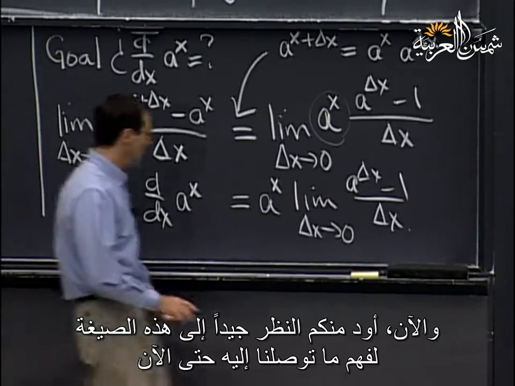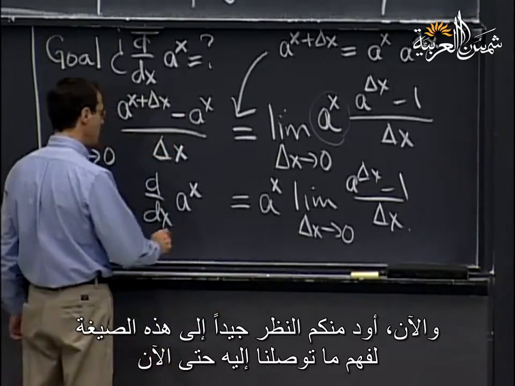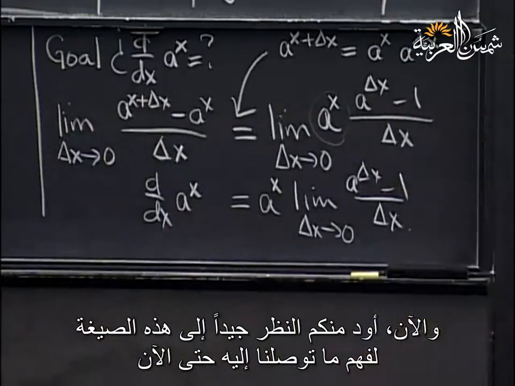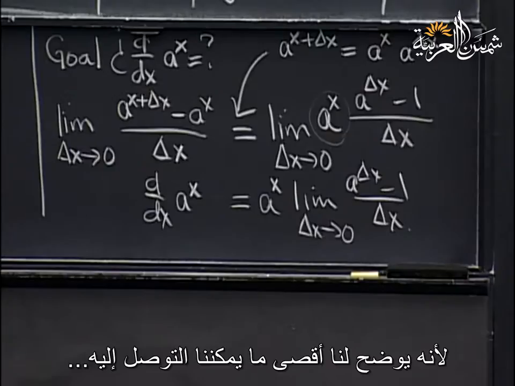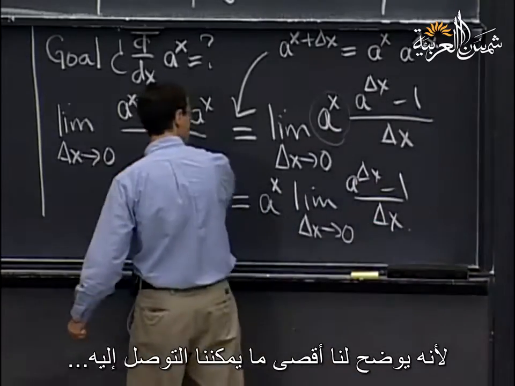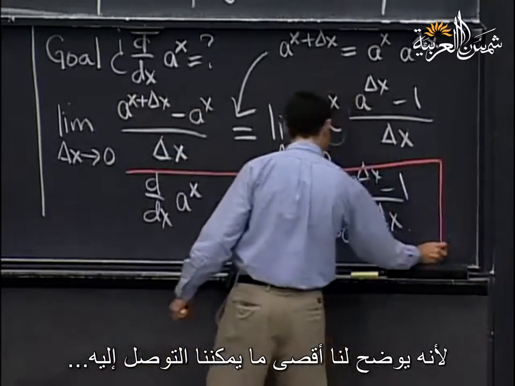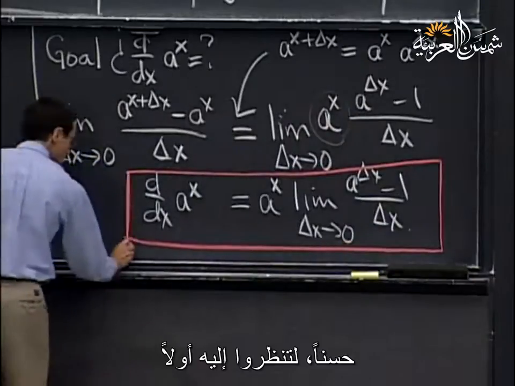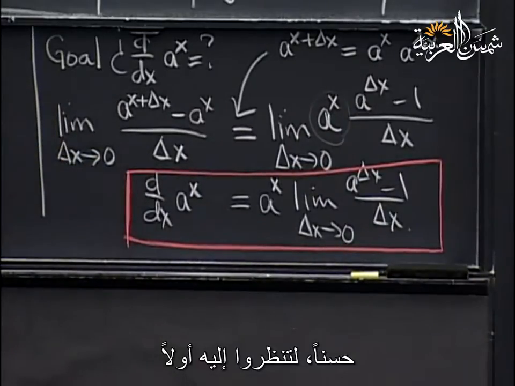Now, I want to stare at this expression and see what it's telling us, because it's telling us as much as we can get so far. So first let's just look at what this says.